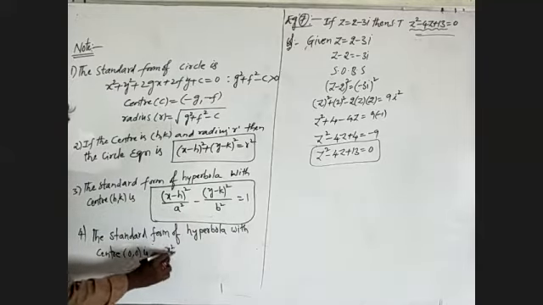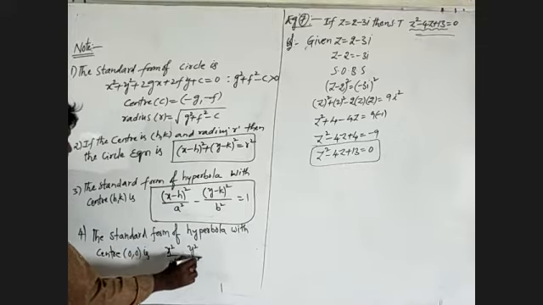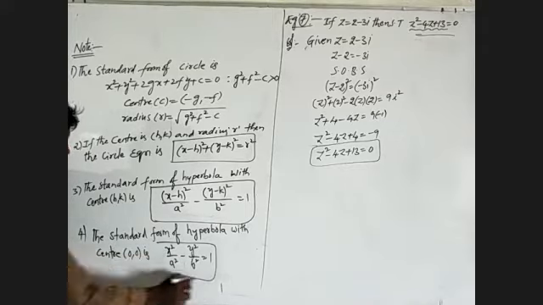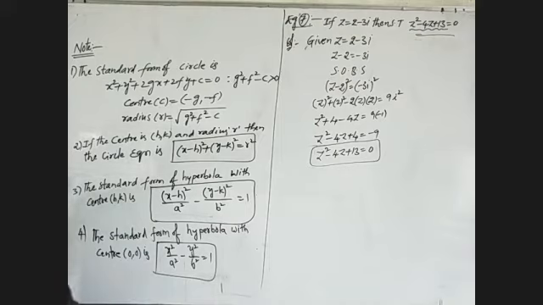That will be written as x square by a square minus y square by b square must be equal to 1. These four formulas are useful in the next exercise problems.